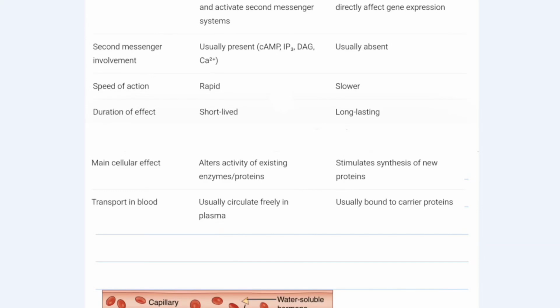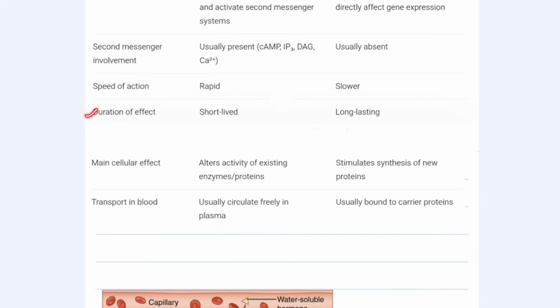There are some secondary messengers like cAMP, IP3, DAG, calcium 2 plus. Speed of action: rapid versus slower. Water soluble hormones act rapidly, and the lipid soluble hormones' action is a little bit slower.